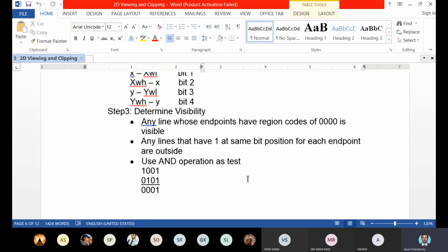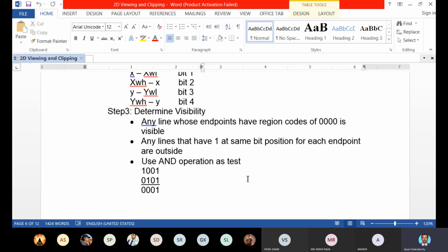A line always has 2 endpoints. Now, if both endpoints of a line have the region code of 0000, what does it mean? It means that the line lies in the central part. Yes, absolutely correct.